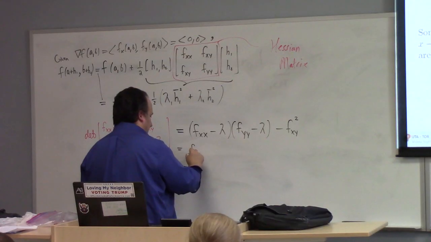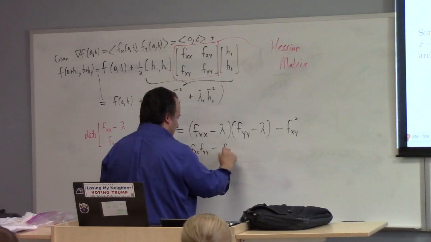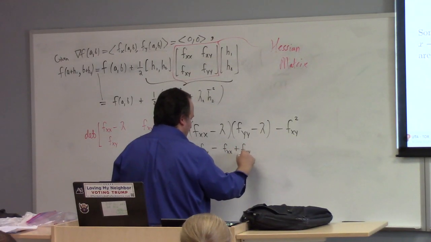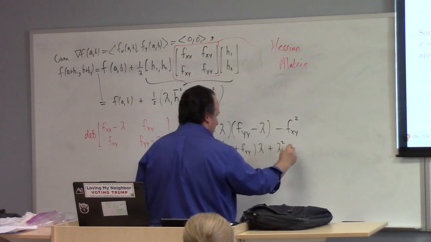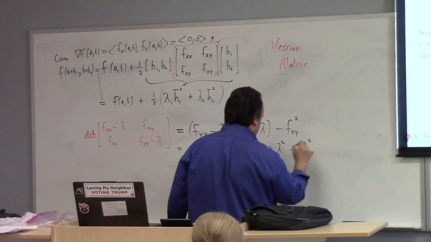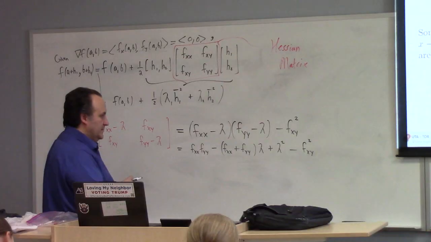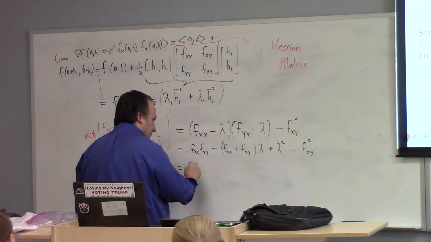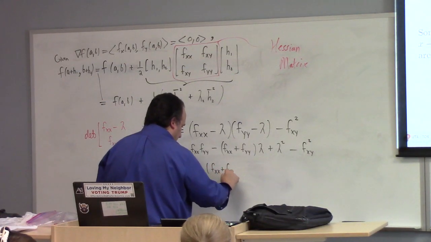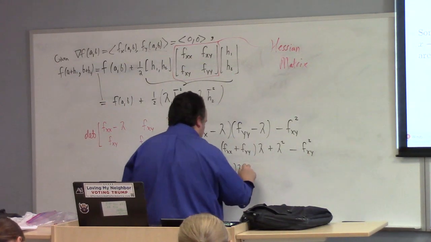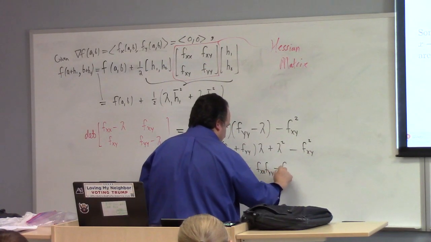We got fxx fyy minus fxx plus fyy times lambda plus lambda squared minus fxy squared. In other words, we've got lambda squared minus parentheses fxx plus fyy times lambda plus fxx fyy minus fxy squared.